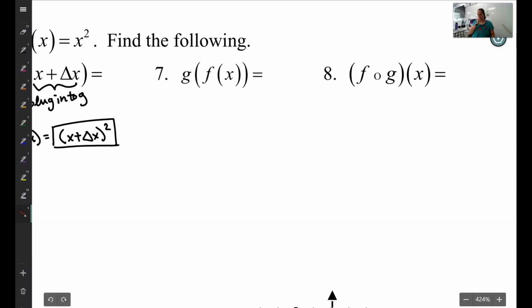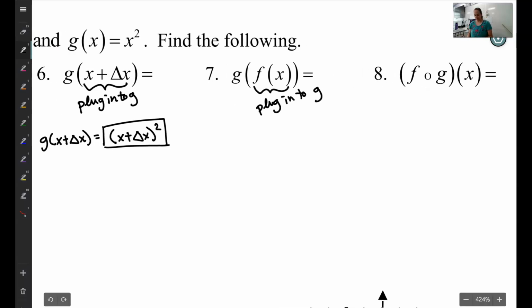Okay, let's do this one. Function composition. See if you remember this. It's the same thing we were just doing. We are plugging that into g. So we're going to take f of x and plug it into g. So essentially what we're getting is going to be f of x squared, because we plug f of x in for x.